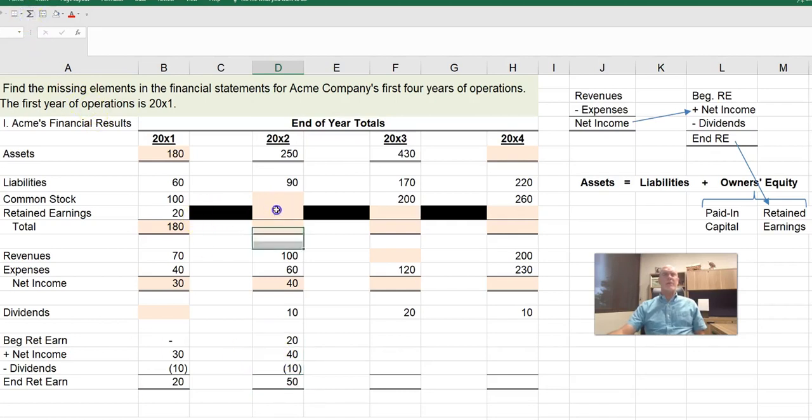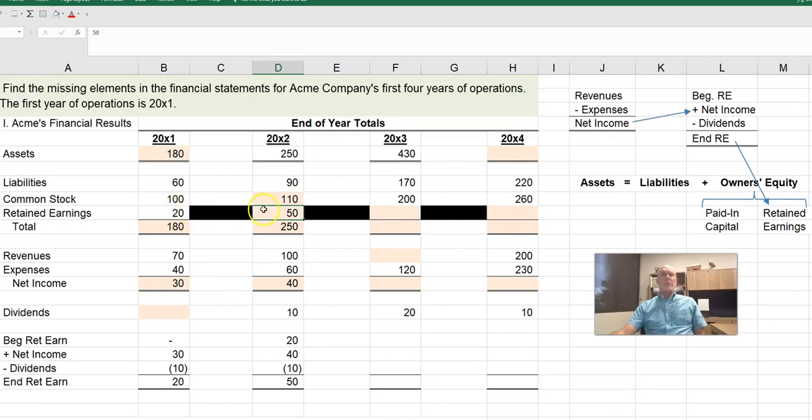And so that goes onto the balance sheet. Ending retained earnings of 50. We know that these 3 need to add up to total assets. So far we've got 140, so the missing amount of common stock is 110. Okay.